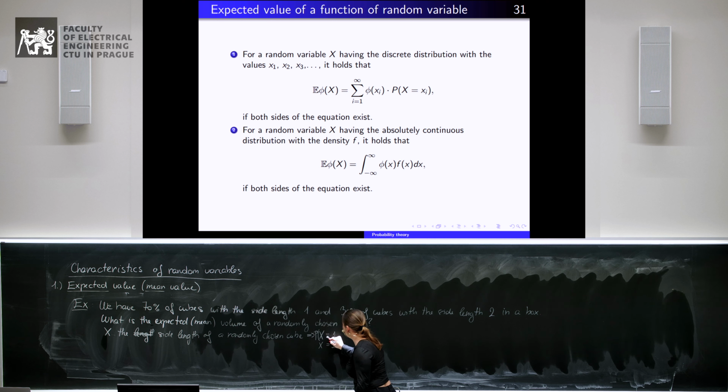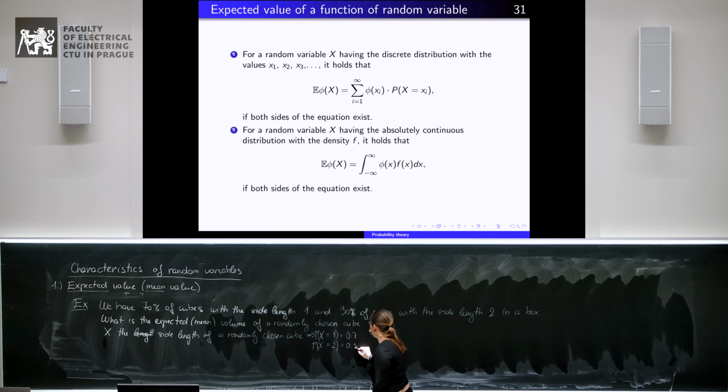The probability that X is equal to 1 is equal to 0.7. The probability of taking the cube of the side length equal to 2 is 0.3.